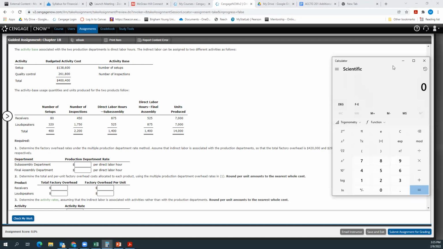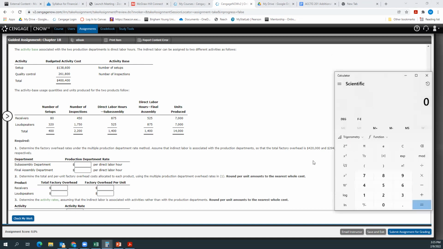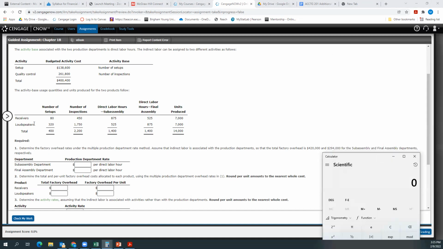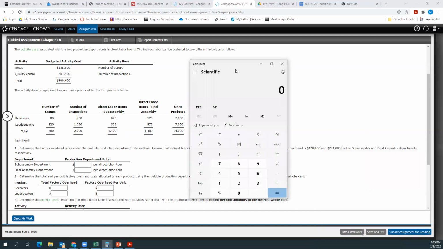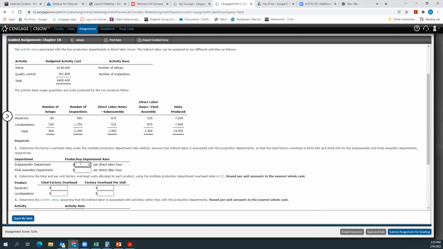So for this first one, we have $420,000 in overhead for the sub-assembly department. It wants us to figure out our overhead per direct labor hour. So we can see that the sub-assembly department has 1,400 direct labor hours. So it's really just a matter of taking 420,000 and dividing that by 1,400 direct labor hours for $300 per direct labor hour.